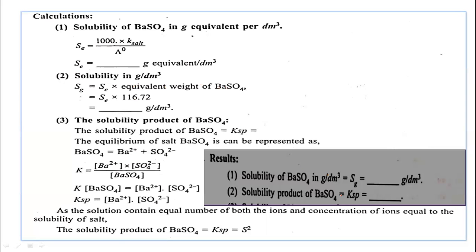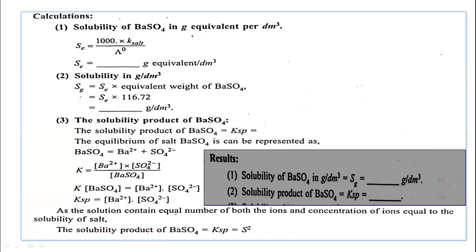Similarly, we can determine the solubility product of barium sulfate, Ksp. This is the dissociation of barium sulfate. So K is equal to the concentration of barium ion multiplied by the concentration of sulfate ion divided by the concentration of barium sulfate. So Ksp is equal to the concentration of the barium 2 plus ion into the concentration of the sulfate 2 minus ion.